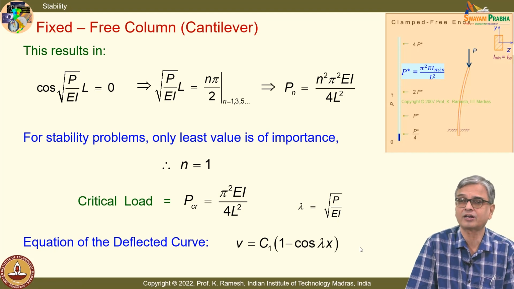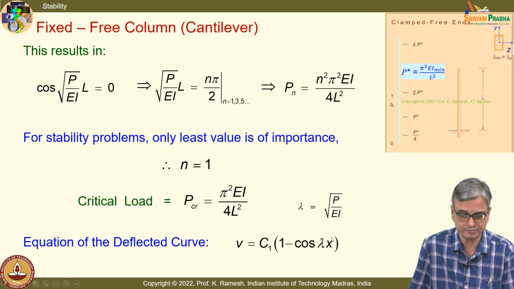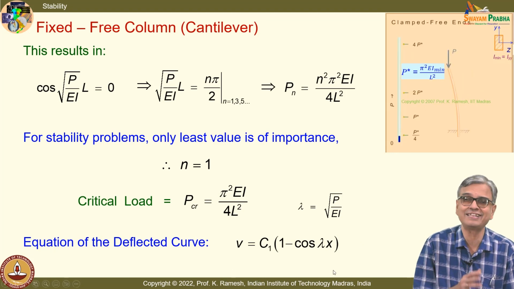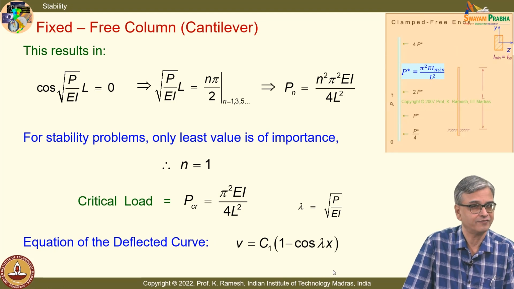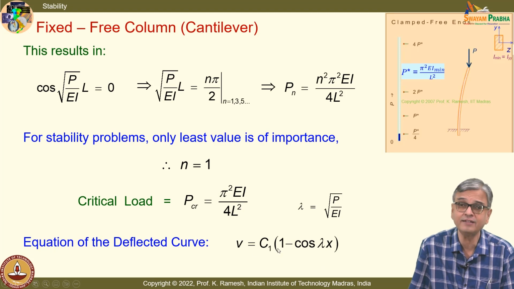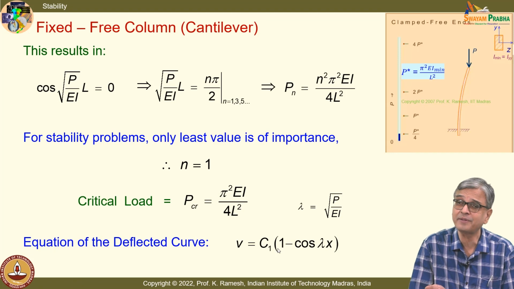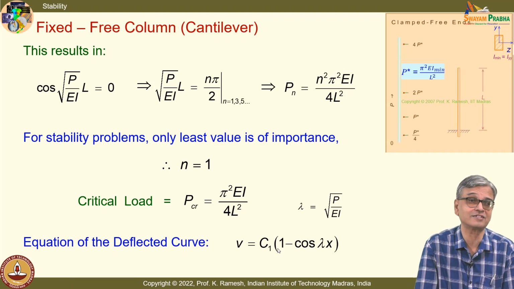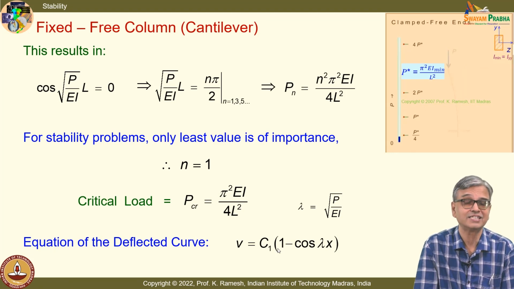How many of you are convinced with this solution? There is one catch still there. We have used 4 boundary conditions. Fine. Have you been able to find out what is the value of C1? C1 is still indeterminate. What has caused this? See, when I apply the boundary condition, I should get one unique solution or not?